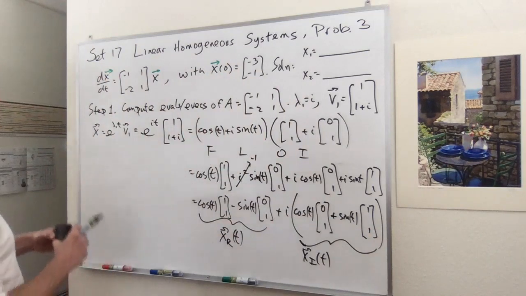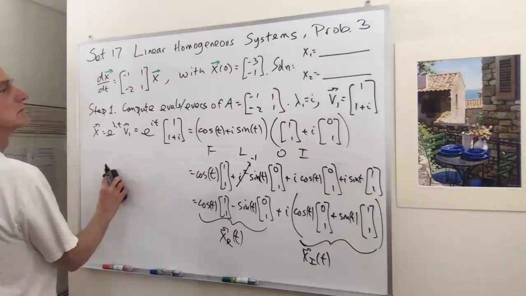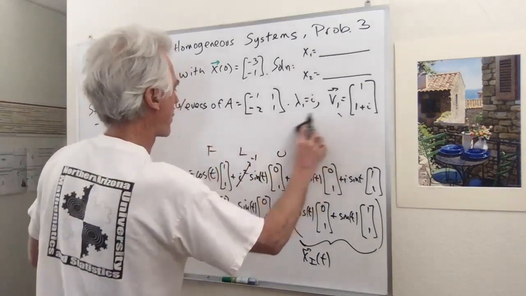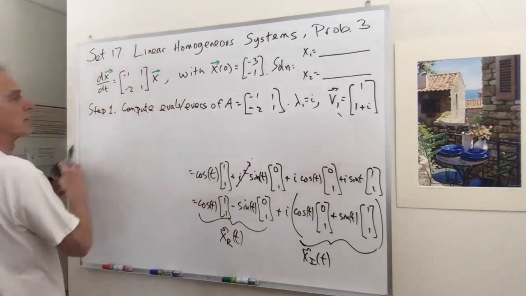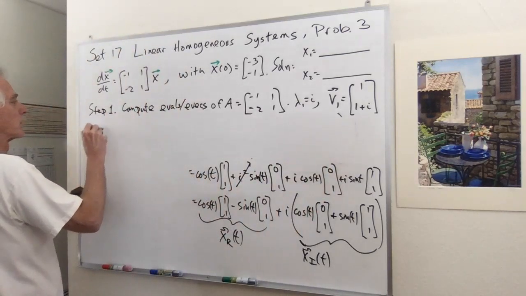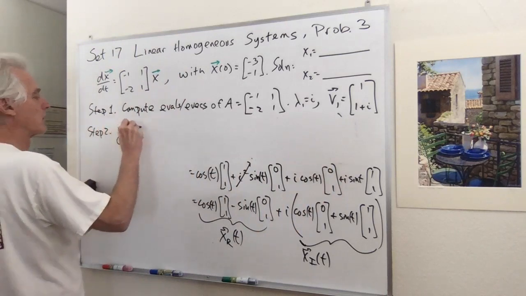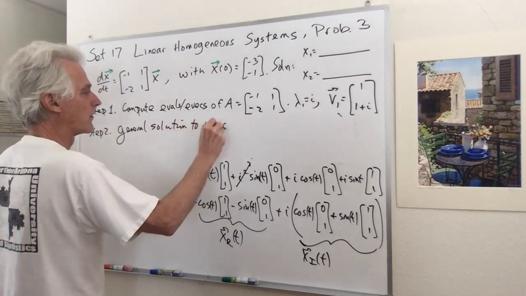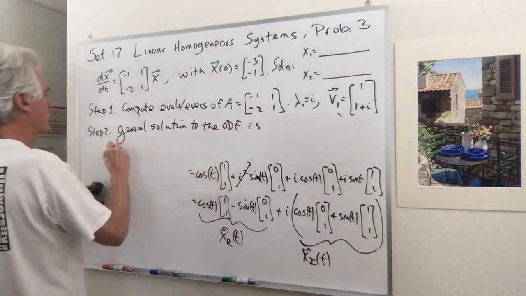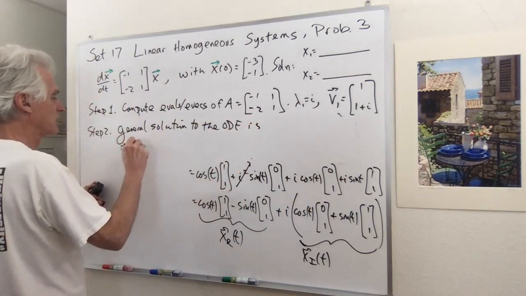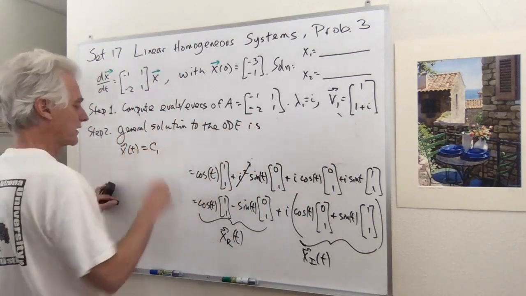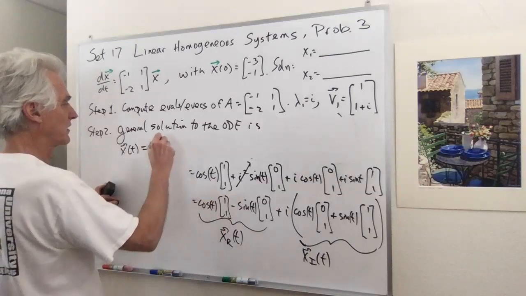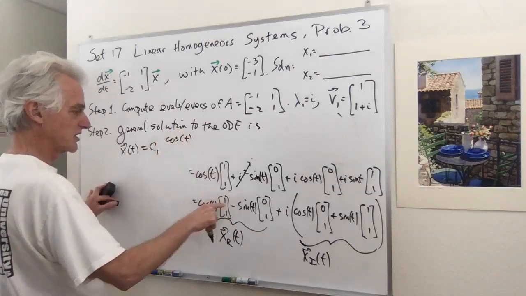So I'm ready to write down the general solution. We'll write it as x of t. You can sometimes just write x. It's going to be c1 times xr of t. And I'm going to combine this. First component is cos t plus 0.